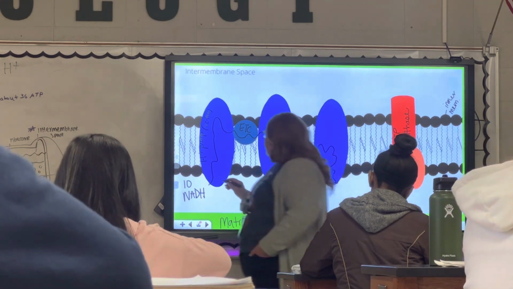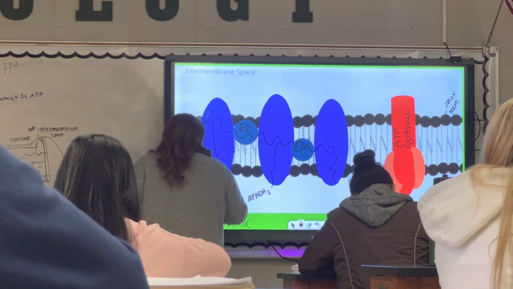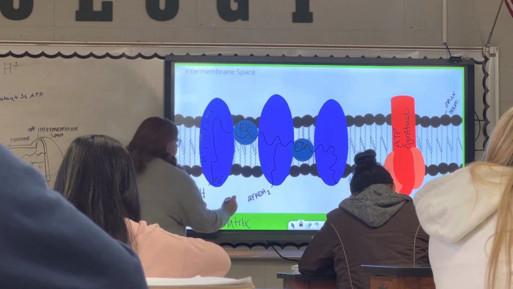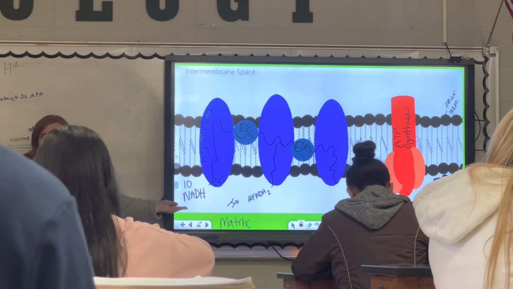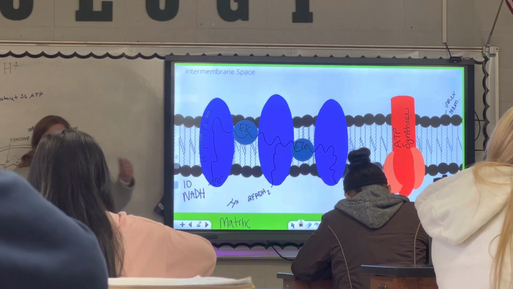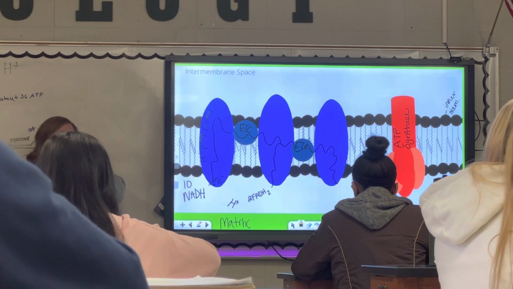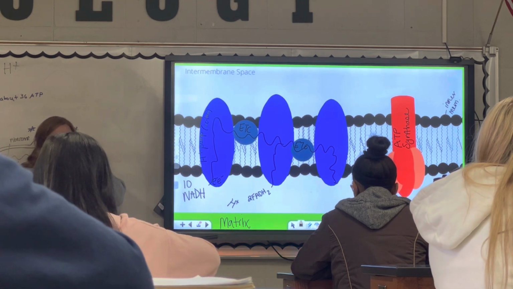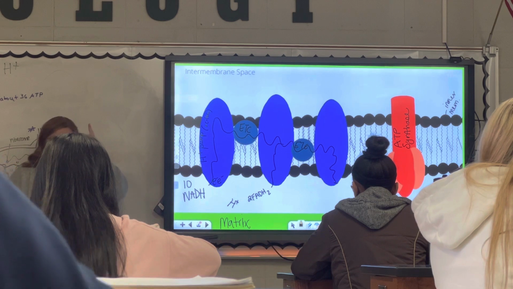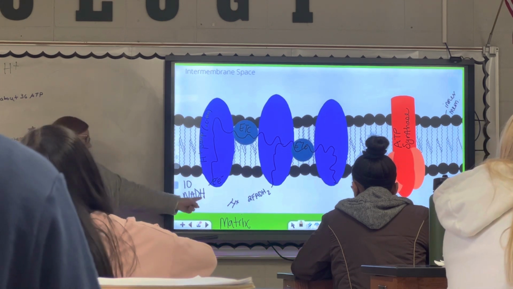So when NADH drops off its electrons, it's also dropping off hydrogens. How many? Each NADH has how many hydrogens? Only 1.